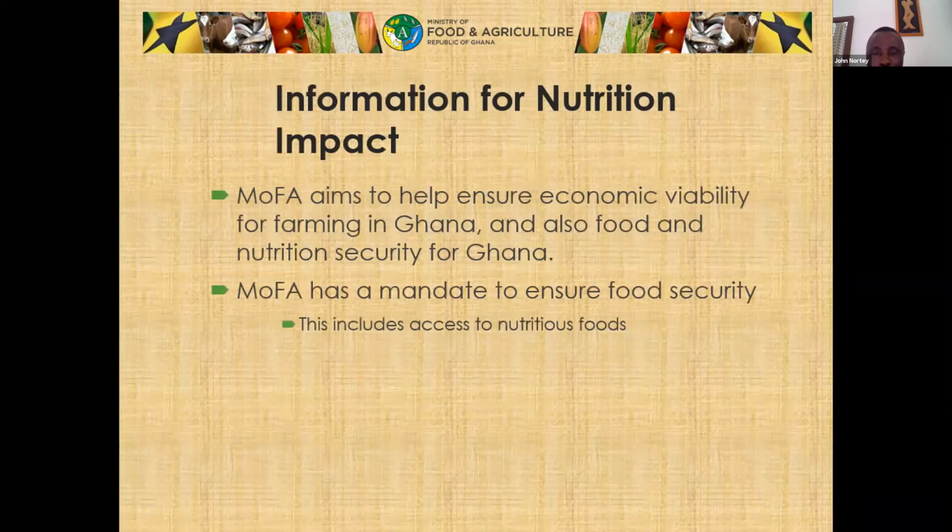I'm sure it doesn't differ very much from most countries. The ministry aims to help ensure economic viability for farming in Ghana and also food and nutrition security. The ministry, as in most countries, has the mandate to ensure food security. This includes access to nutritious foods.